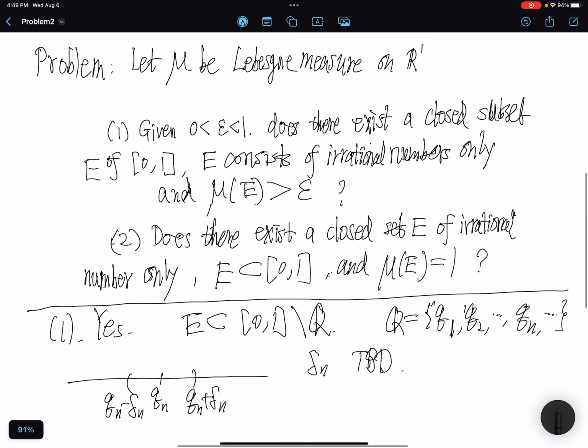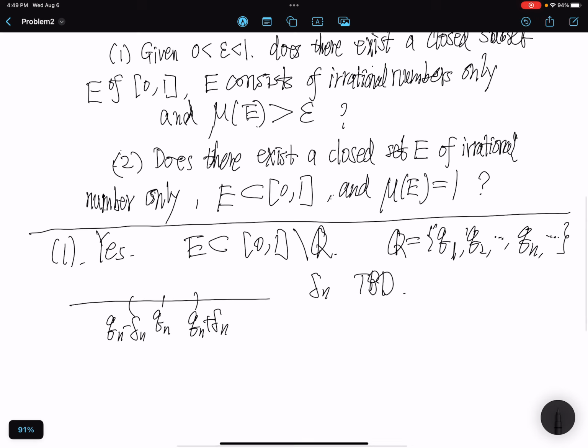We define U to be the union of all of these open intervals, q sub n minus delta n to q sub n plus delta n, for n from 1 to infinity. Clearly, this U is open because it's a union of open intervals.